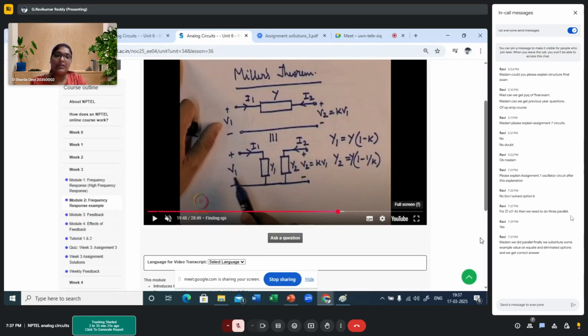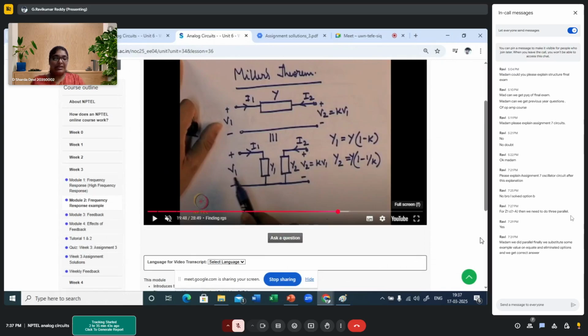But we are looking for the impedance factor. Then impedance is 1 by admittance. Madam, we are talking about a capacitor now. We don't have a resistor or something else for calling impedance or admittance.